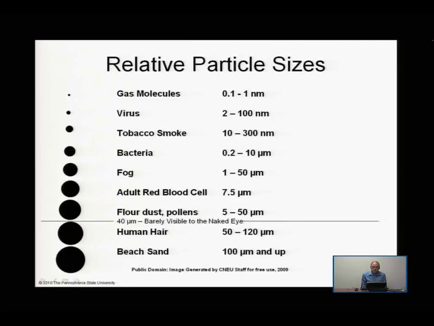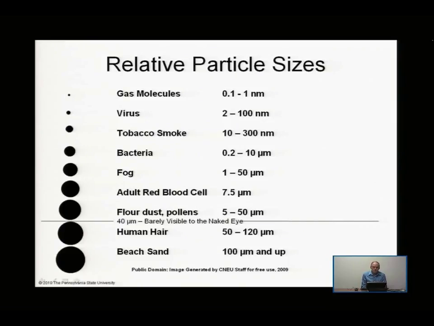And I remind you that 1 nanometer is the same as, let's say, 10 atoms sitting in line. So 1 nanometer is like 10 atoms. So gas molecules can be made up of just a couple tiny atoms, or a number of atoms. And those are very, very small, in the 1 nanometer size range.